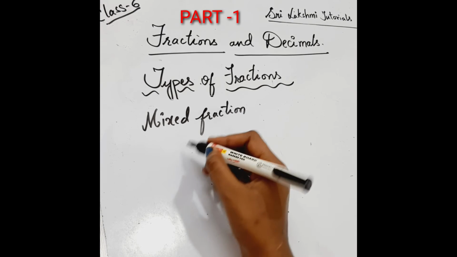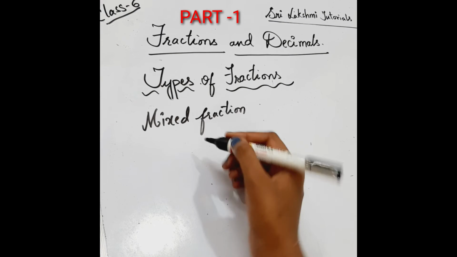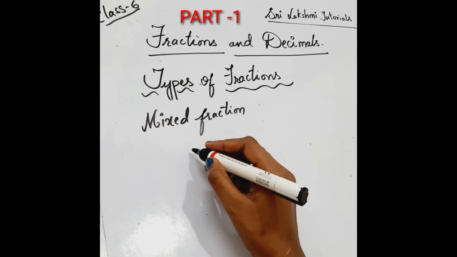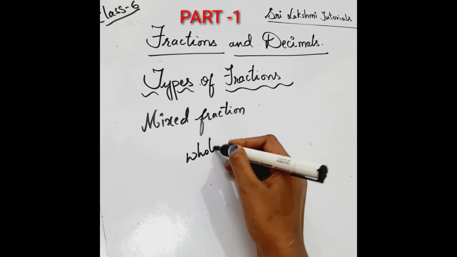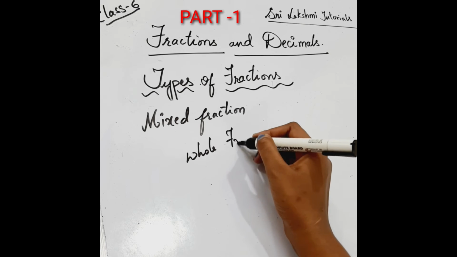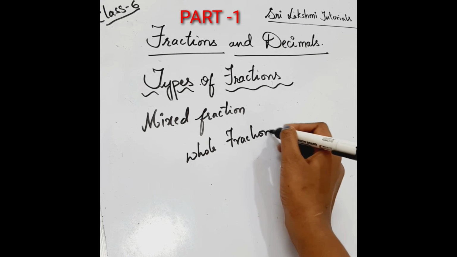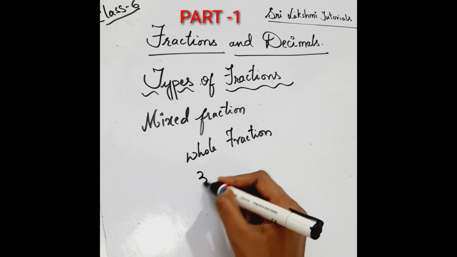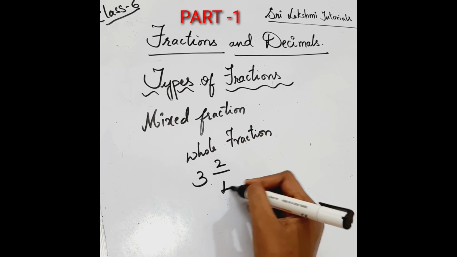Okay, now let's see examples for mixed fractions. In this we will have a combination of whole number and fraction. So we will see how it is possible. 3 2 by 4.